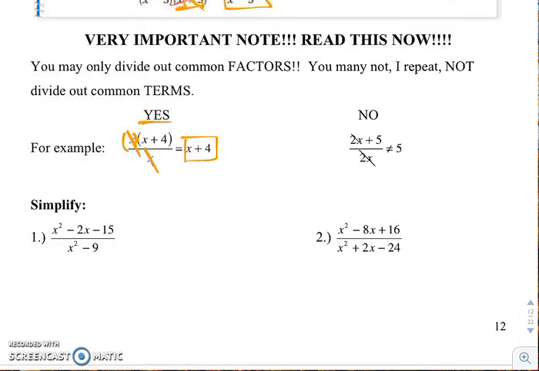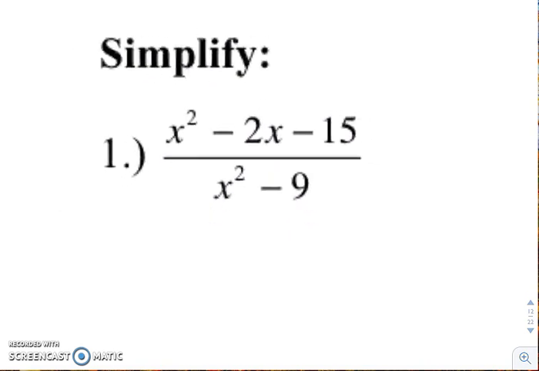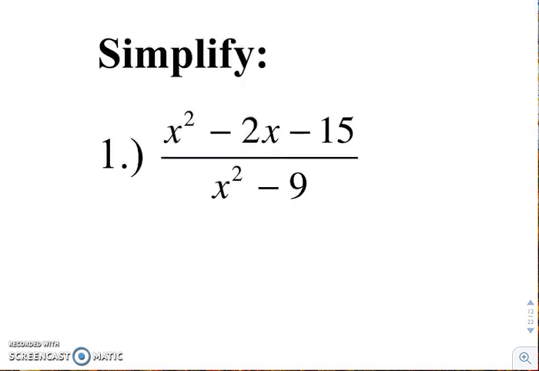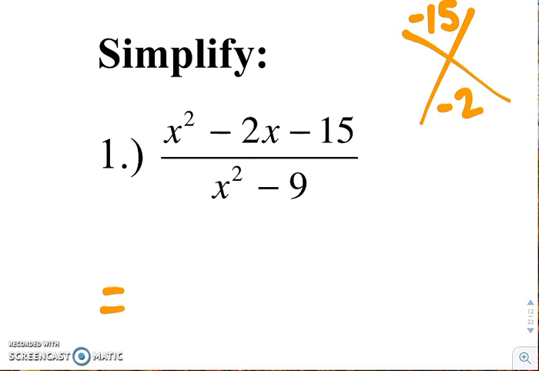So what we're going to do is factor our expressions, and then whatever is the same, which equals 1, you can cancel out. We're going to use our factoring practice with the diamond. If you look at number 1, to factor the top, we need to remember what multiplies to get you negative 15 but adds to get you negative 2.